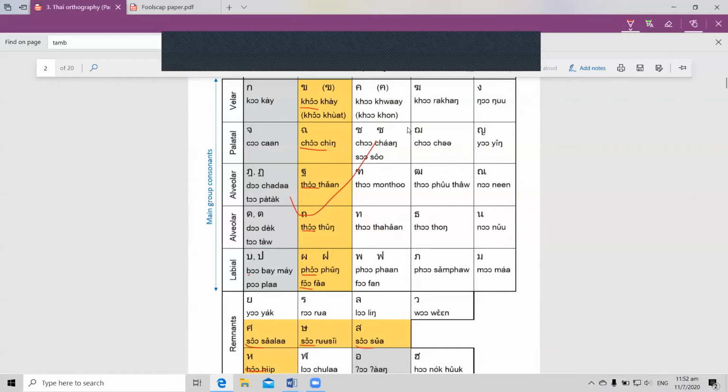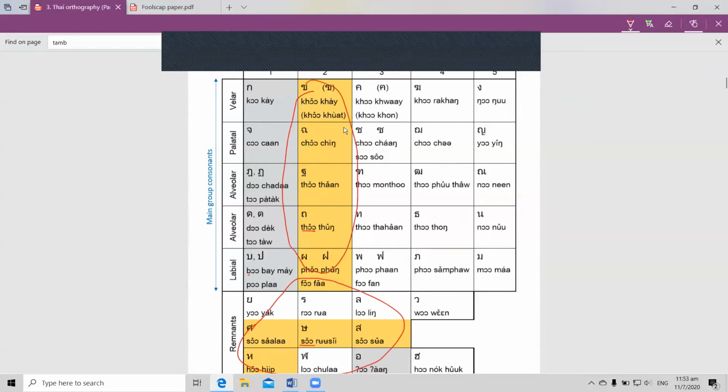Okay, the tones. So to summarize, we have obstruents comprising fricatives and aspirated stops, and the default tone is tone 4.